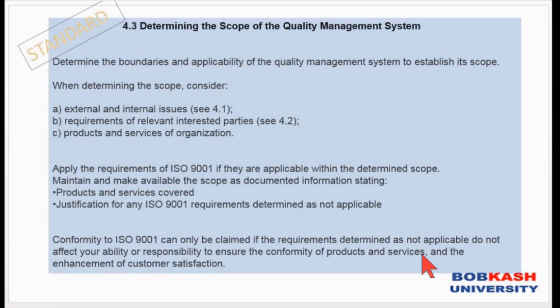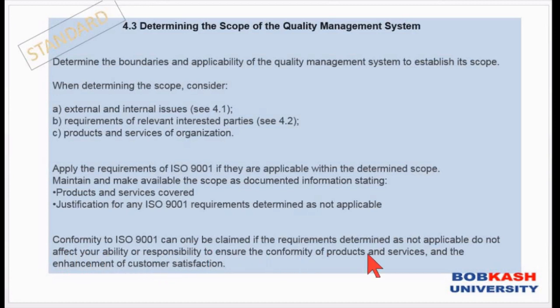You have to justify in 4.3 that I am excluding process 1, process 2, process 3, and by this exclusion I am not affected in my ability or responsibility to ensure product conformance.